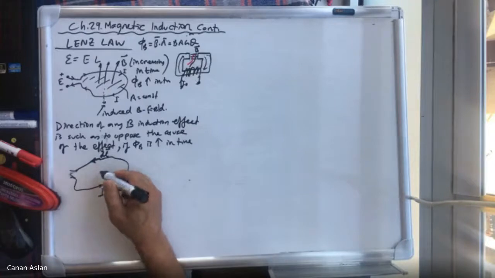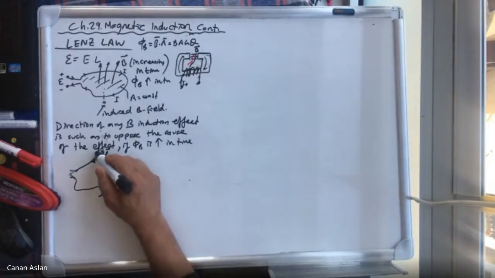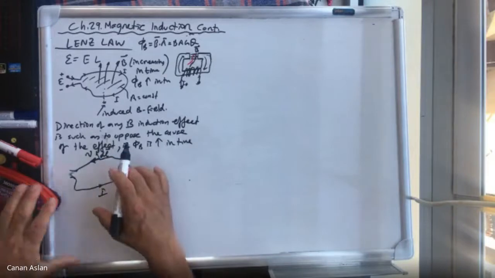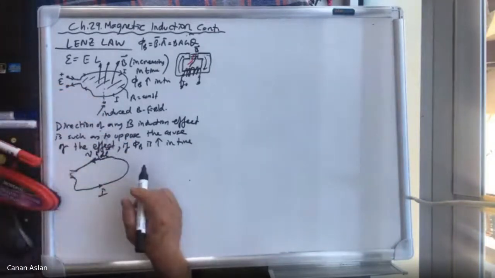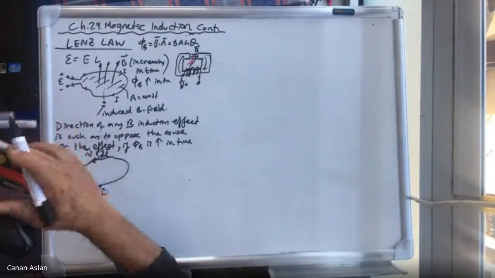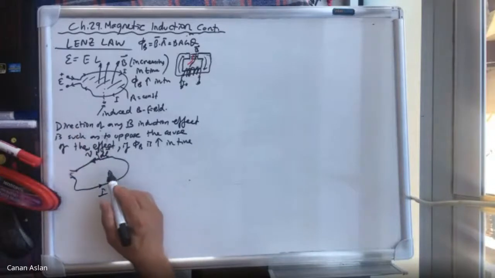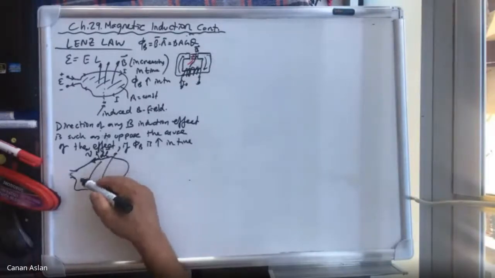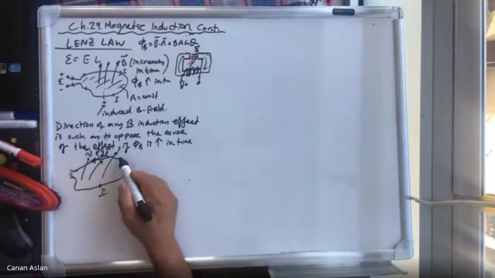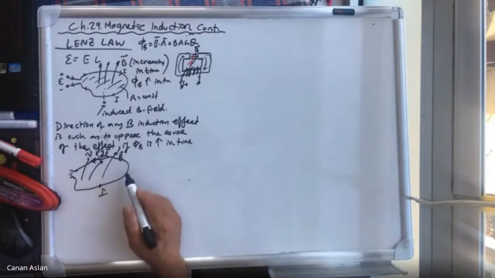Suppose that the whole system is moving with some kind of velocity like that. Suppose the whole rod is moving in this upper direction. Now we know that there is a magnetic field still passing through the system. Without the existence of the magnetic field, really nothing is happening.